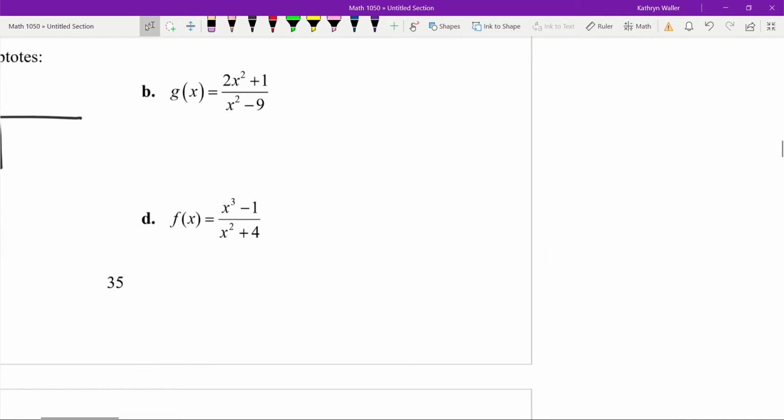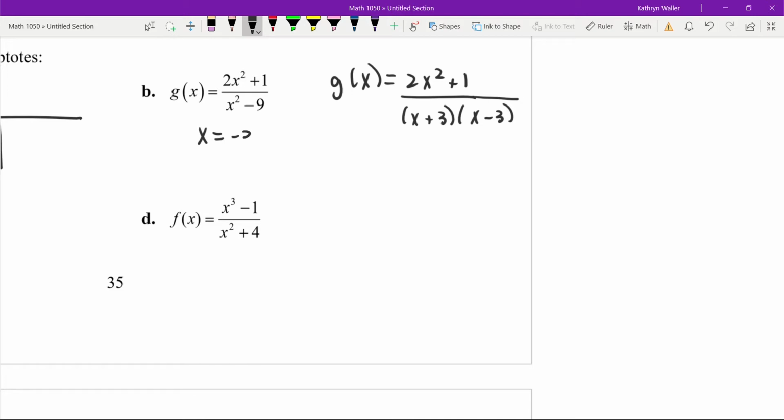Okay, look at question B. Step number 1, factor. The top does not factor, so just write it down. The bottom factors to x plus 3 times x minus 3. Find the vertical asymptotes. They come from the bottom. So I have a vertical asymptote at x equals -3, and another vertical asymptote at x equals 3.